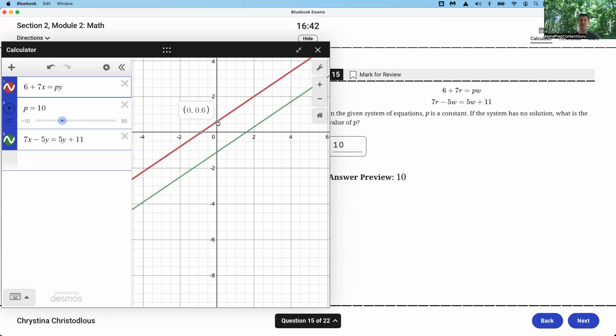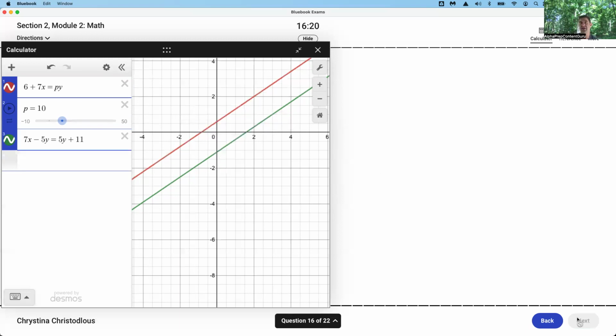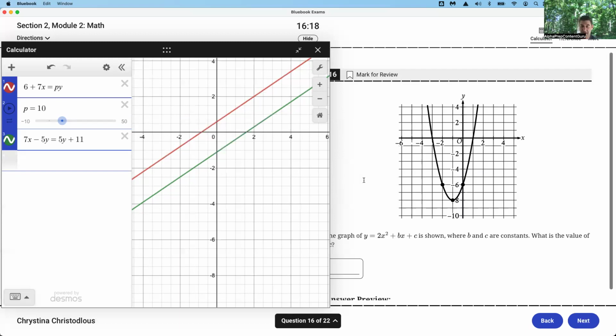And the reason you could do that is you could use those intercepts to find slope, using y minus y over x minus x to see if they have the same slope. And if they do, then you know they're parallel, they never cross, there's no solutions, and the answer is 10. In this case, I feel great that it is based on zooming out. So that's cool.